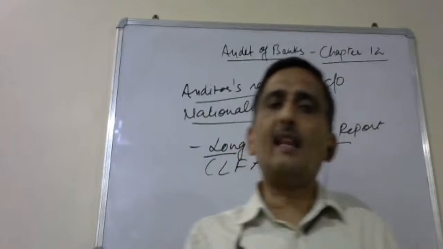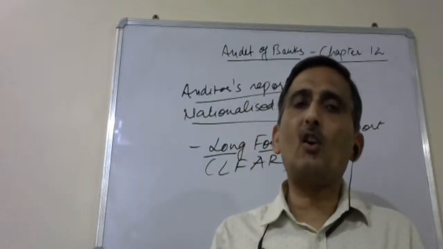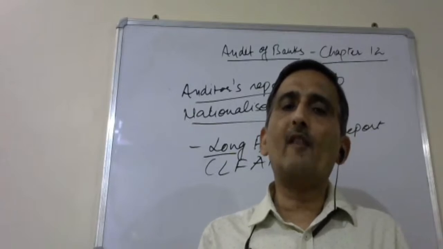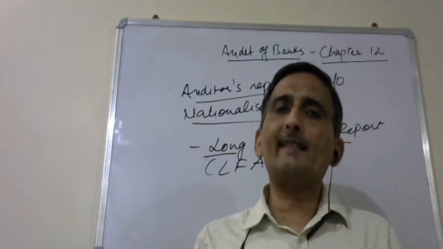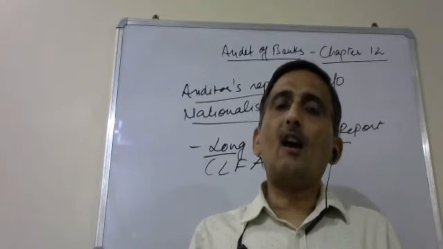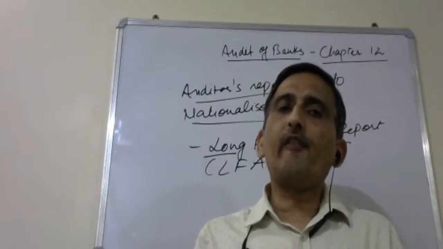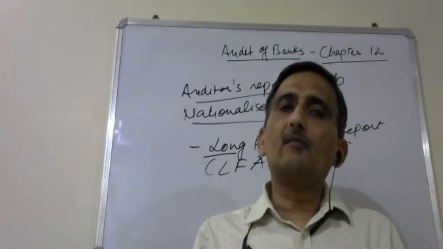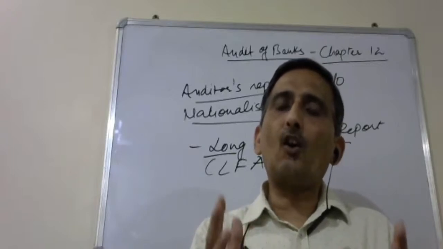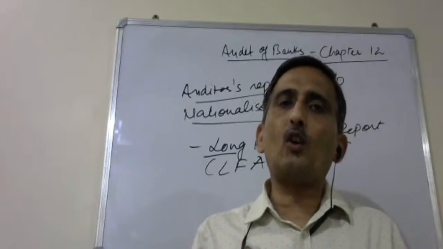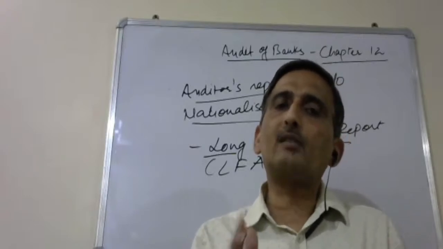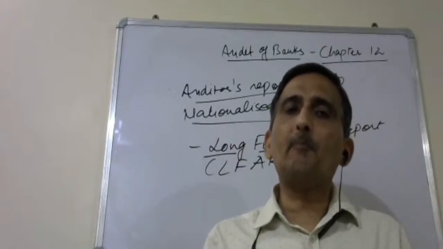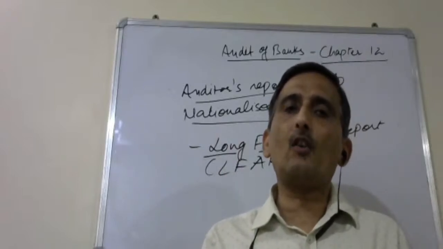So these things you can broadly understand, and now we will see the audit report of a public sector bank, how the independent auditor's report of a public sector bank practically looks like, and whether the same points we have discussed are present there or not.